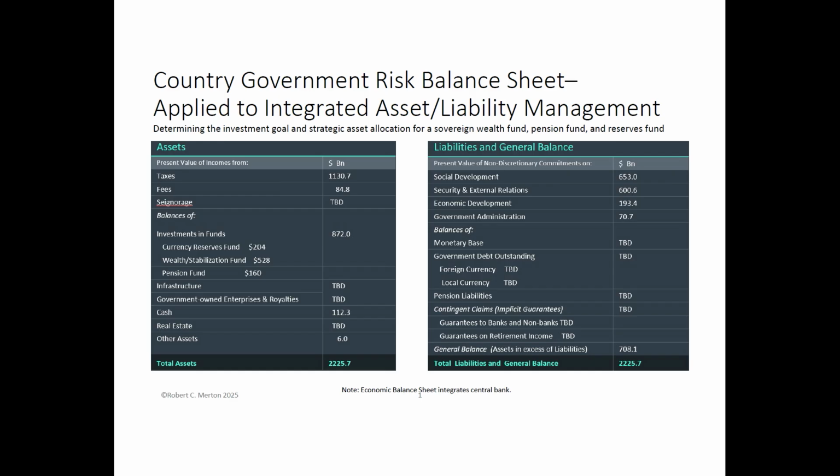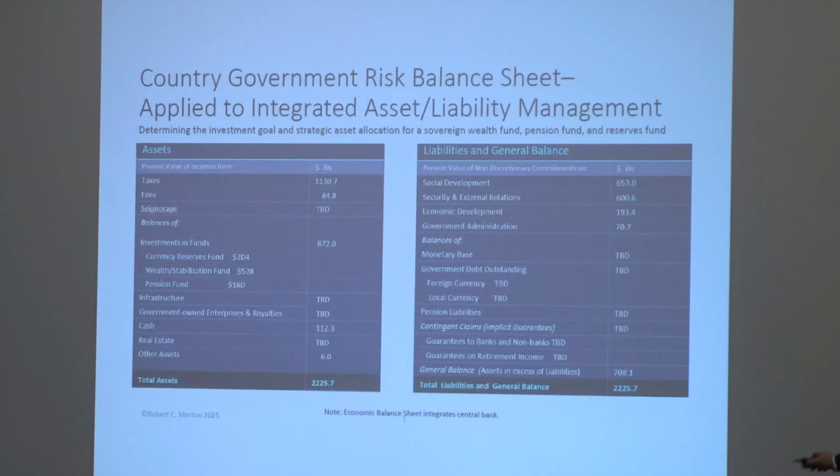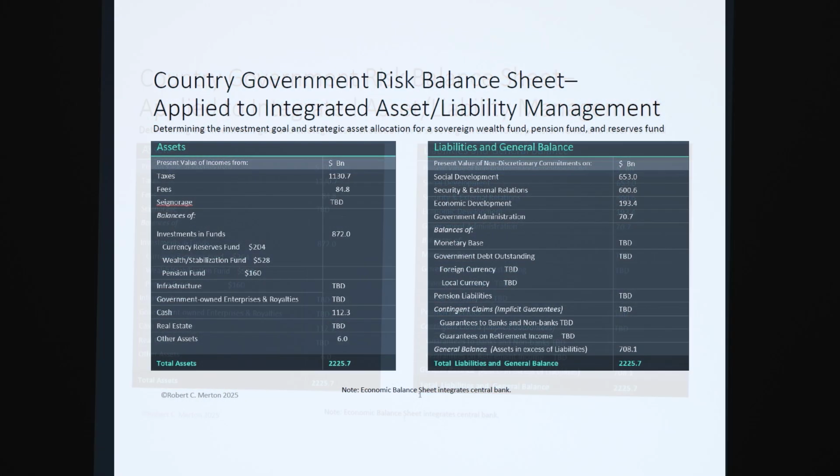So as far as I know, Singapore has many, many wonderful assets, but it doesn't have any commercially viable hydrocarbons, oil, gas, or anything else. Norway has a little bit of that. So if you go down the balance sheet here, you find government state-owned enterprises. Well, you're going to find a very big number there for Norway in the petroleum area.